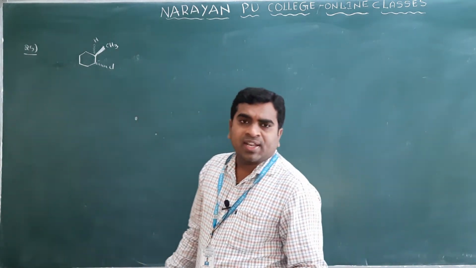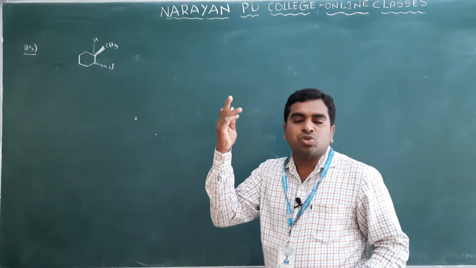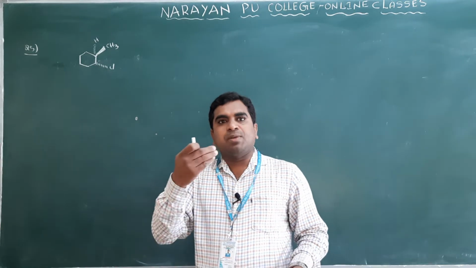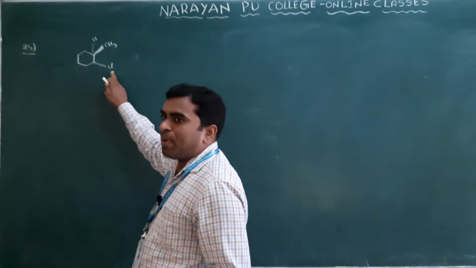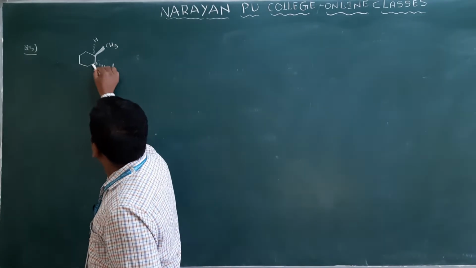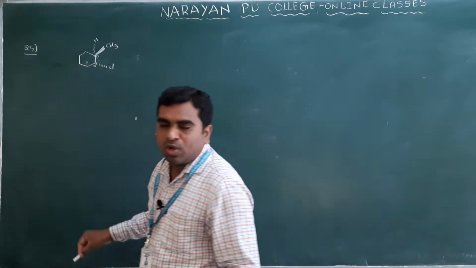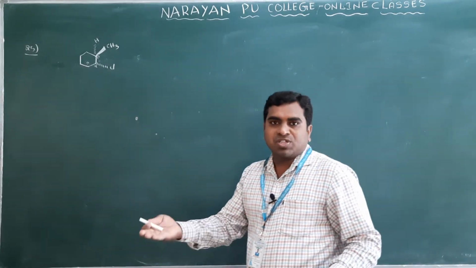You know that in E2 elimination the leaving group and hydrogen should be in the anti position. If one is on the front side, the other should be on the back side. Here chlorine is on the back side, this is the alpha carbon and this is a beta carbon, and this is also a beta carbon. Elimination always takes place from the beta carbon, and the beta hydrogen will be removed.